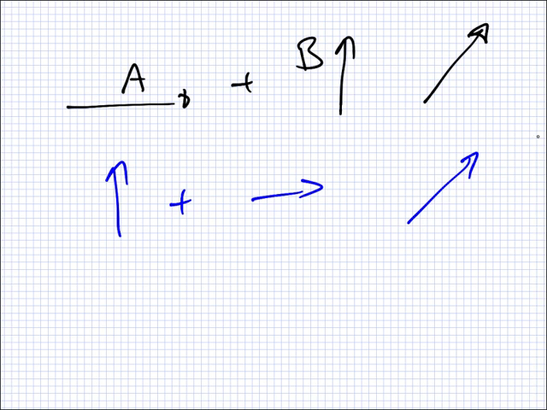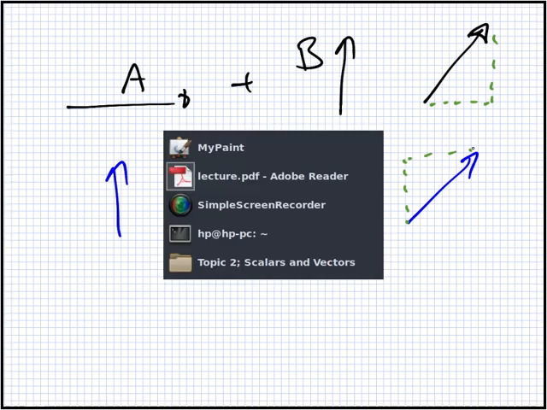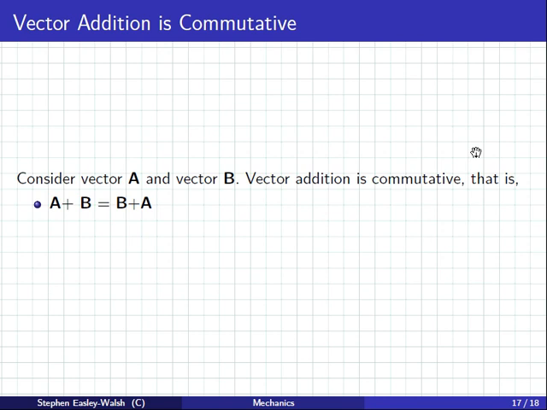Come on, need a new writing pad. This is A and this is B, whereas here, this is A and this is B, but it doesn't matter. You get the same result in the end. Okay. Maybe that's a good word for you to know.